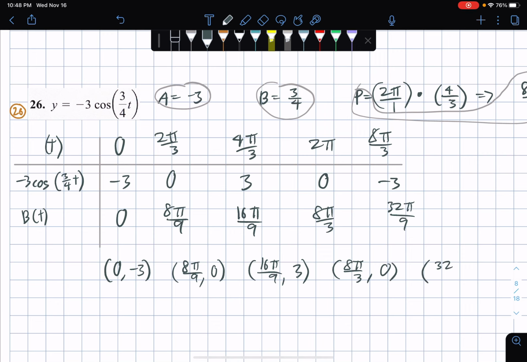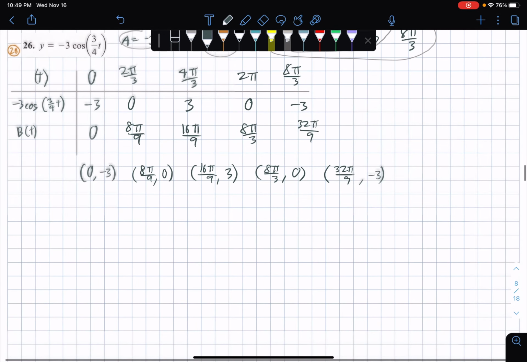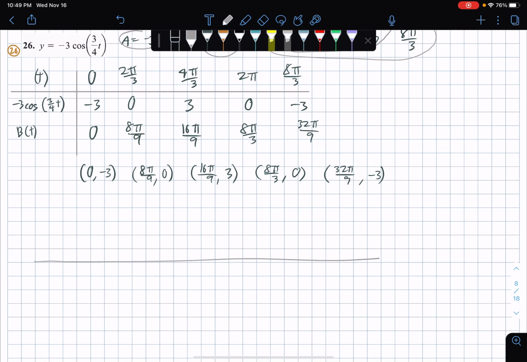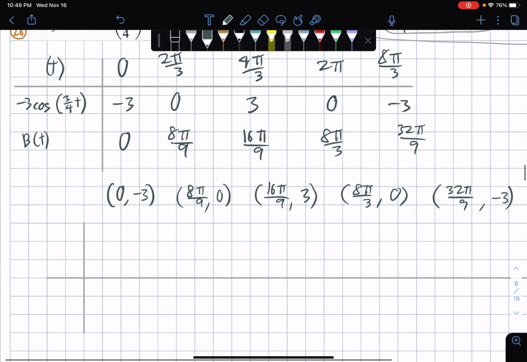So let's list the coordinates. The amplitude is positive 3, negative 3.